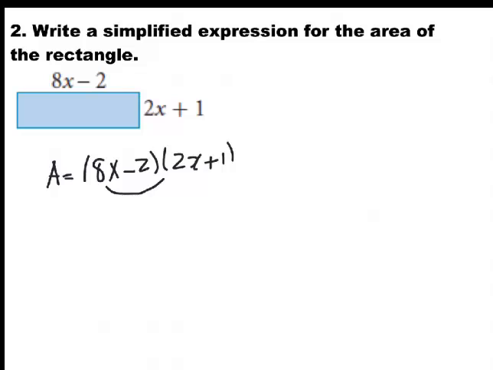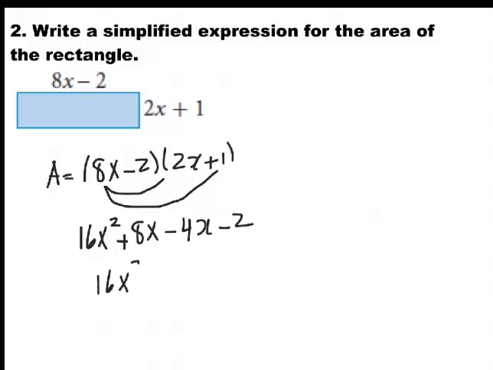I'm going to distribute the first term to the second bracket, so 8 times 2 is 16x squared. 8x times 1 is 8x. Negative 2 times 2x is negative 4x. Negative 2 times 1 is negative 2. There is no like term to 16x squared, so this is 16x squared. 8x minus 4x gives me plus 4x, and then minus 2.